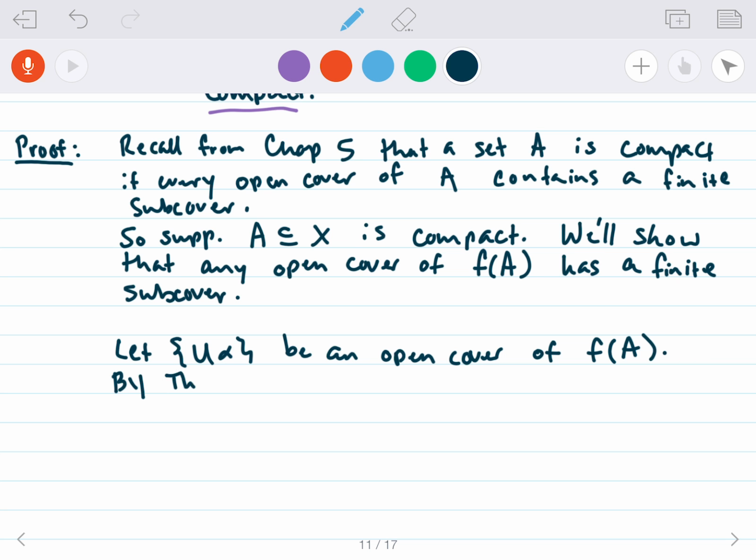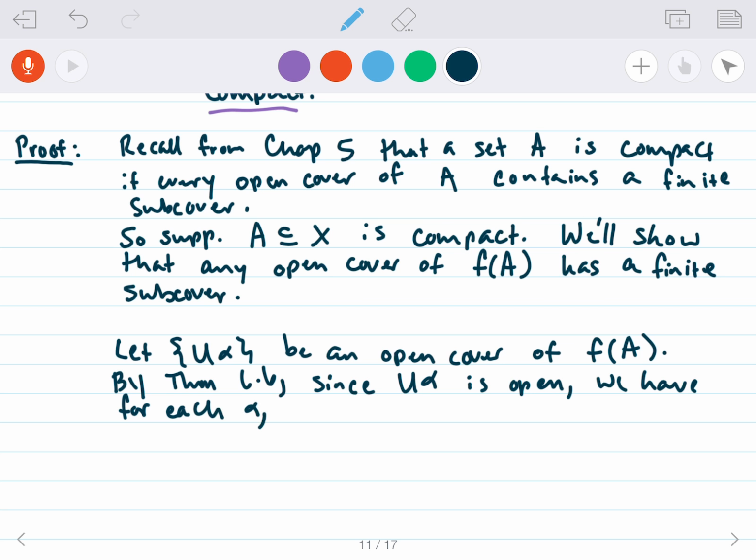By Theorem 6.6, since each of the U alphas is open, we have for each alpha the pre-image of U alpha is going to be equal to this open set V alpha intersect X. Okay, so I'm just saying that this is acting like our A in the previous theorem.